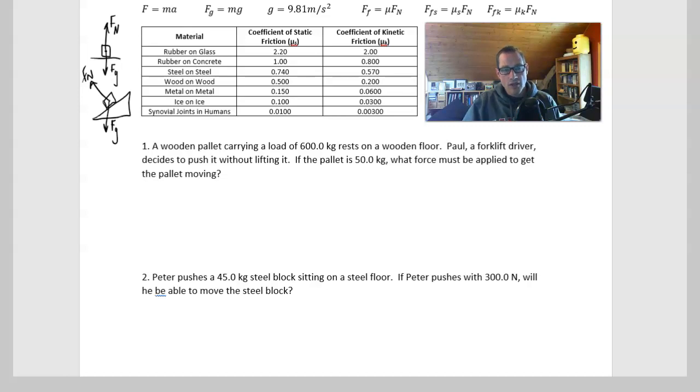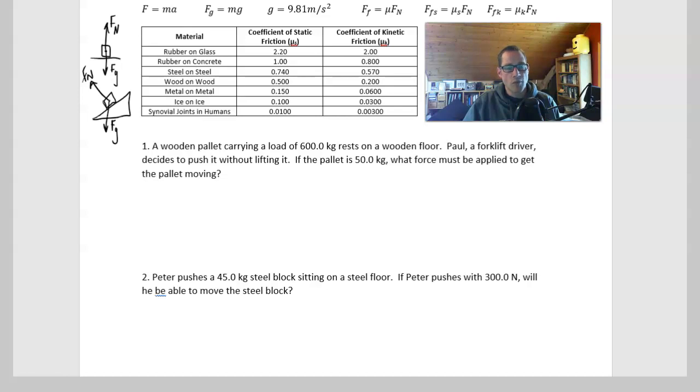The other thing that's new here is the coefficients of friction. There's one for static, meaning that nothing's moving, and there's a coefficient for when things are moving. All these have been determined experimentally. So let's say rubber on concrete.